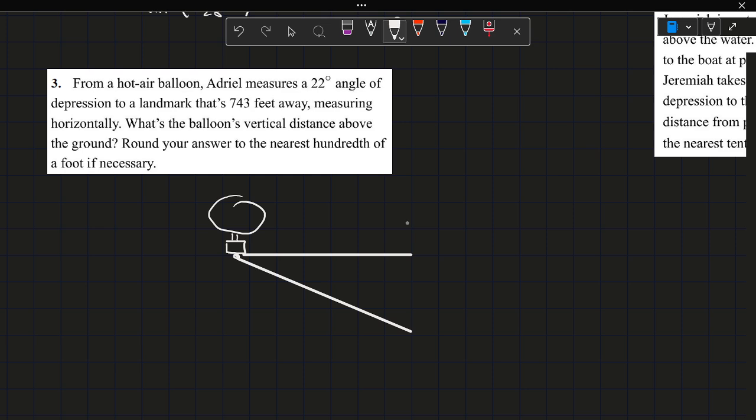The angle of depression is from the horizontal line downwards, so the angle is 22 degrees this way. Then it says the landmark is 743 feet away, measuring horizontally. Horizontally is this way, so this is 743. You can also think of it as two right triangles, so it's 743 down there too. It's asking for the vertical distance above the ground, which is going to be here. You see how we set up a right triangle instead of just thinking of it as touching the ground right here.